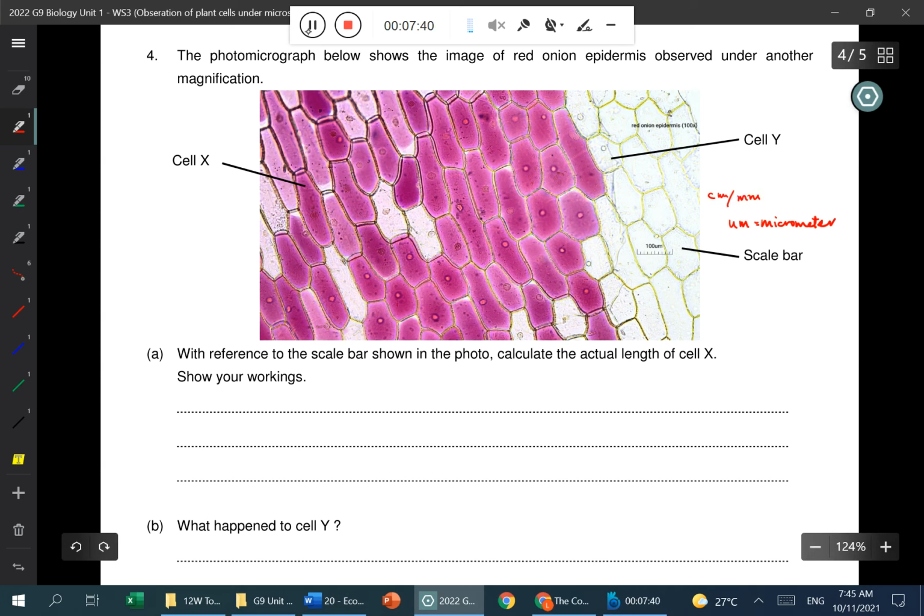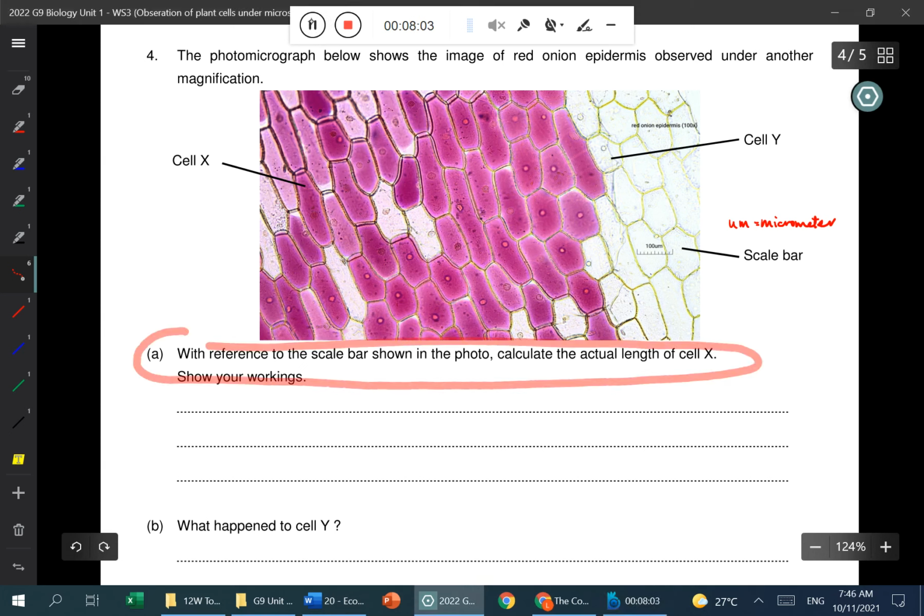So these are the common units of length you use in daily life, but since cells are very small, we use a much smaller unit for the length. So let's say this question asks you to calculate the actual length of cell X.